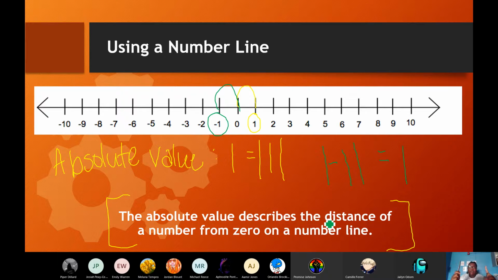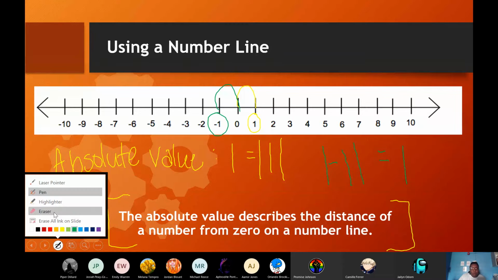Let me say it again. 1 and -1 have the same absolute value. In other words, 1 and -1 have the same distance from what number? 0. From 0.